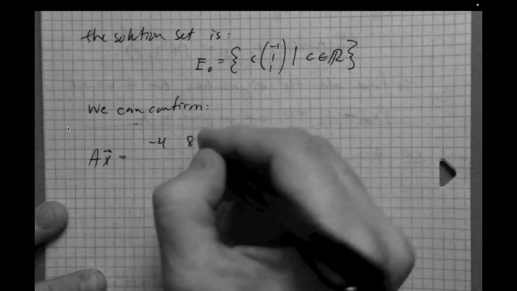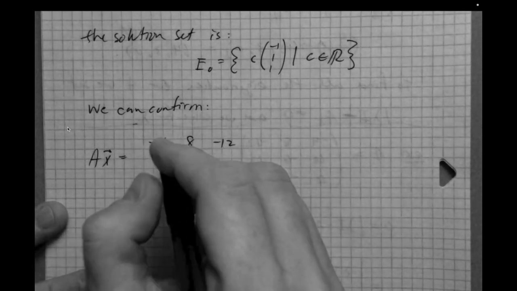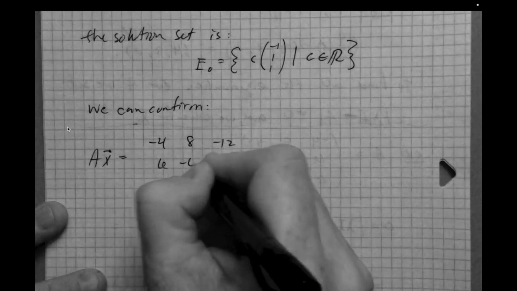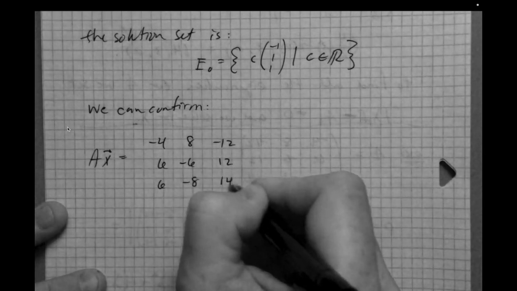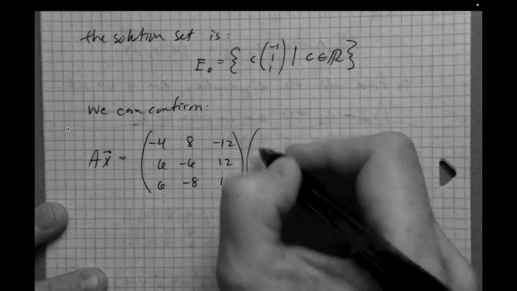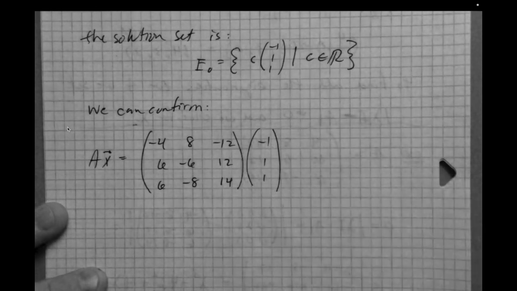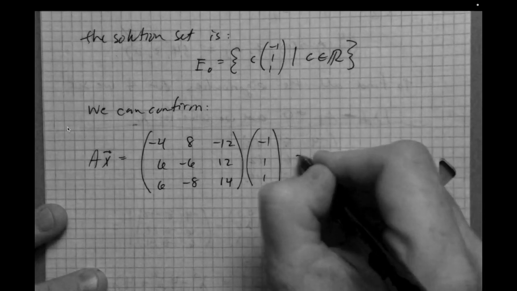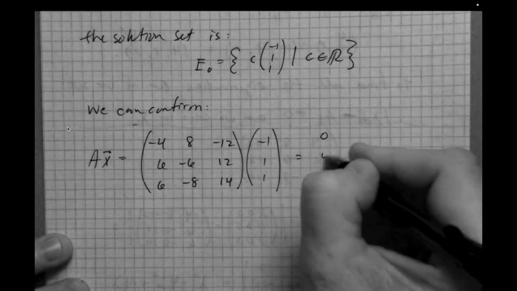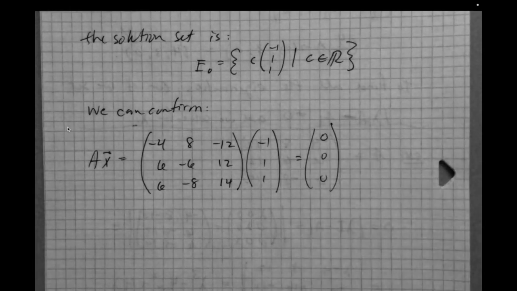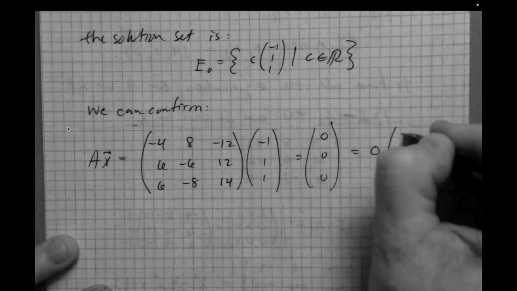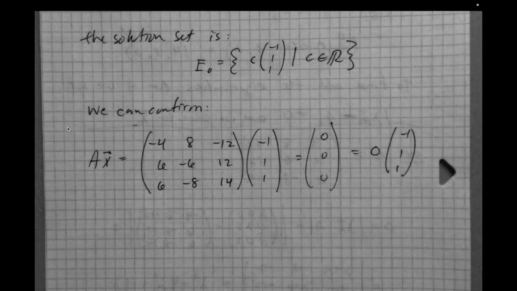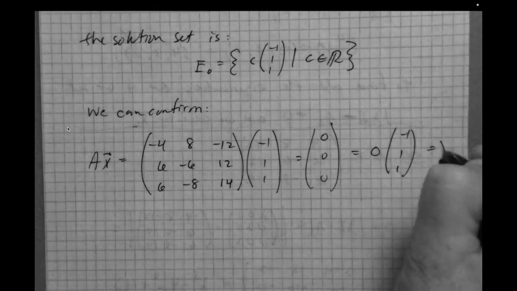We could multiply this out. 6, negative 6, 12. 6, negative 8, 14. Right? Multiply that times negative 1, 1, 1. And what you find out is that this actually equals 0, 0, 0, which is all it can equal because the eigenvalue is 0, right? Okay, and so this is our lambda x.